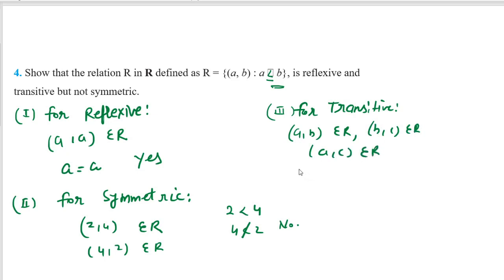So let me tell you one thing, children. If (1, 3) belongs to R and (3, 4) also belongs to R, then I can also say (1, 4) belongs to R. So it is also transitive.